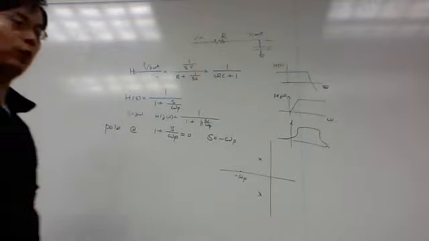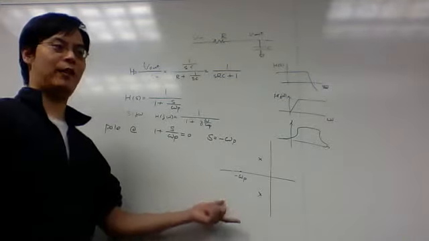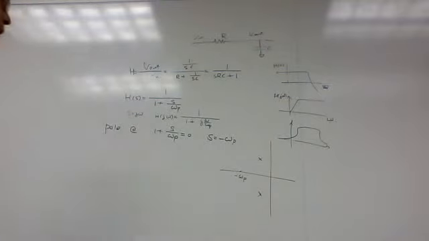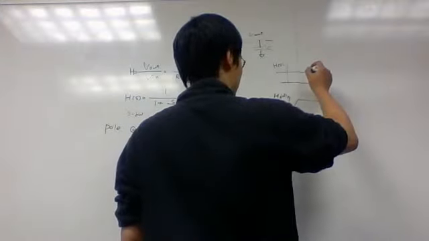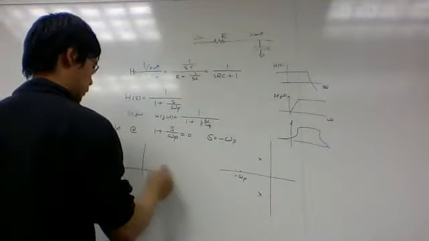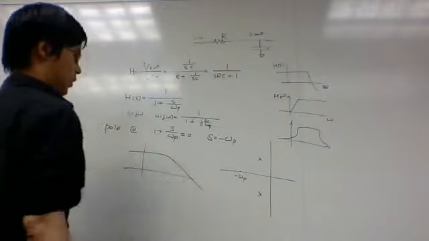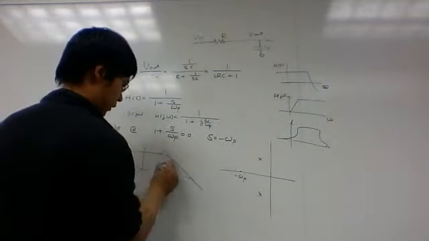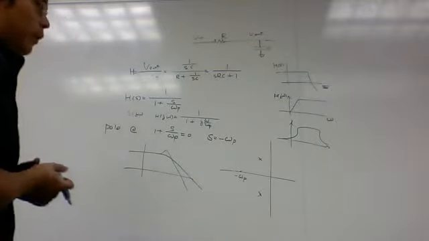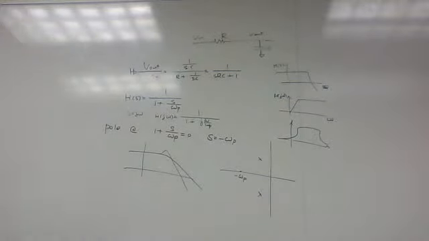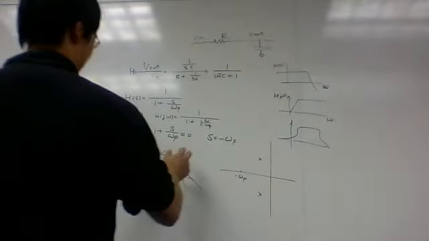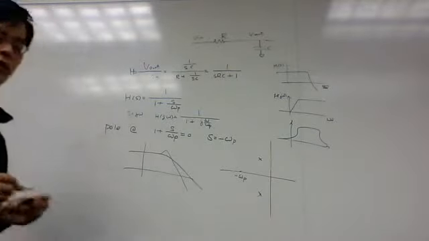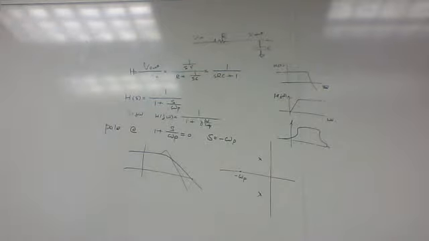Usually complex conjugate poles, because they have two poles, provide a sharper filter than the single pole. If your single pole has a roll off something like this, but if you have complex conjugate poles, you probably will get something sharper. So if you want sharper filtering, you probably have to resort to complex conjugate poles, right?